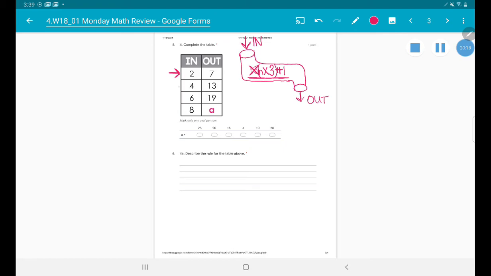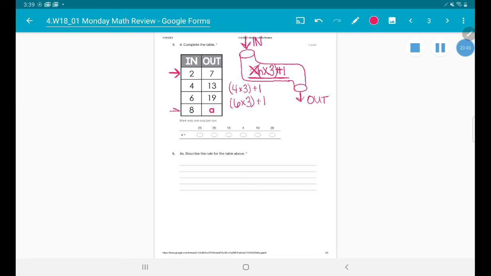Let's try that. If I drop in a 4, if I do 4 times 3, that gets me to 12. Plus 1 would get me 13 out. Okay, that works. Let's try it again with the next row. If I did 6 times 3, 6 times 3 is 18, plus 1 more equals 19. That works.